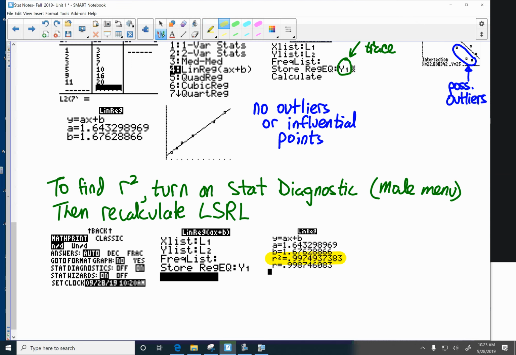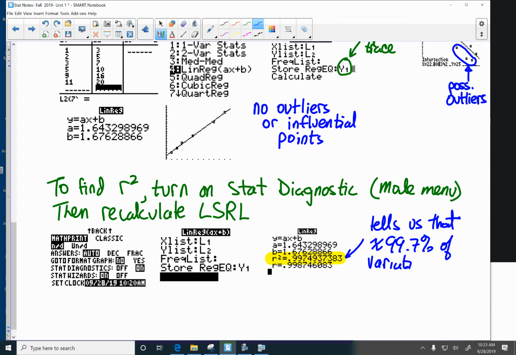All right. So my r squared tells us that 99.7% of variation in y can be explained by variation in x.